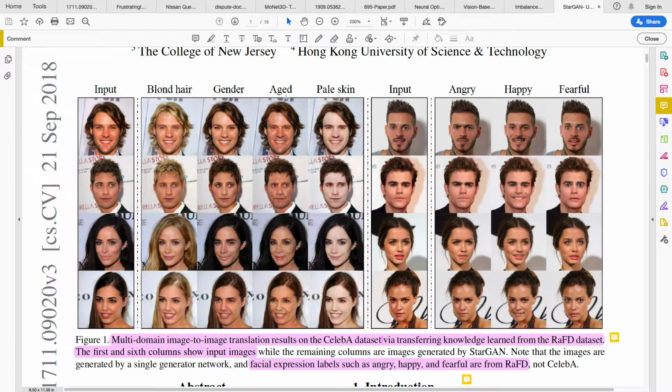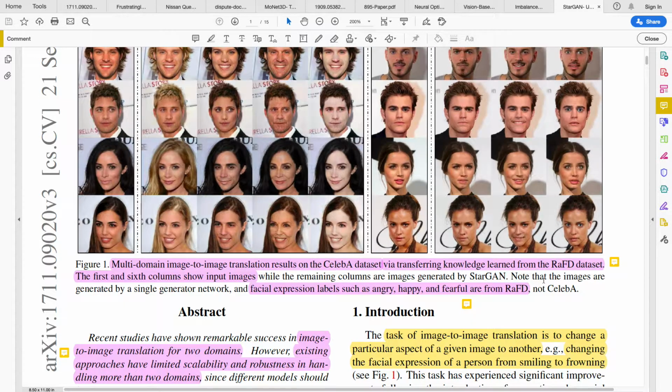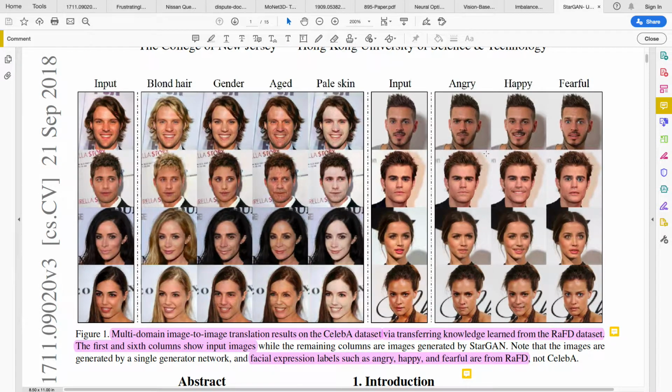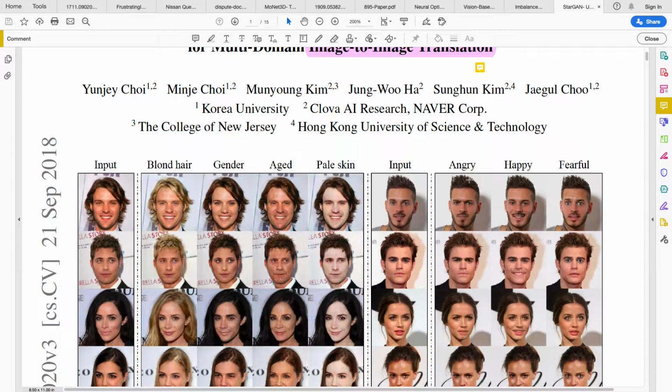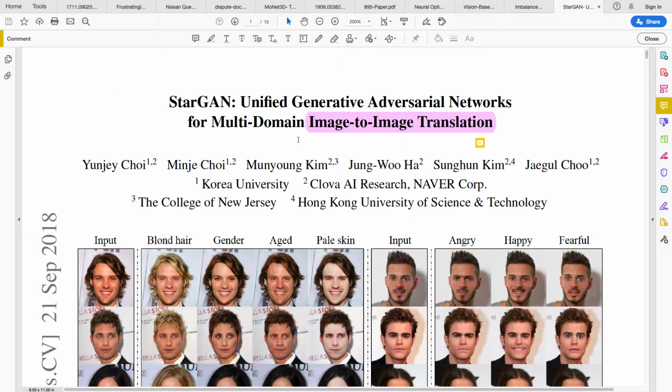You have a mix of the age, and you have another attribute of the pale skin. So in the other data set here, which is RaFD, you have multiple domains. One domain will be the set of those faces that are angry, a set of those that are happy, a set of those that are fearful. So that's what is being referred to as multi-domain.